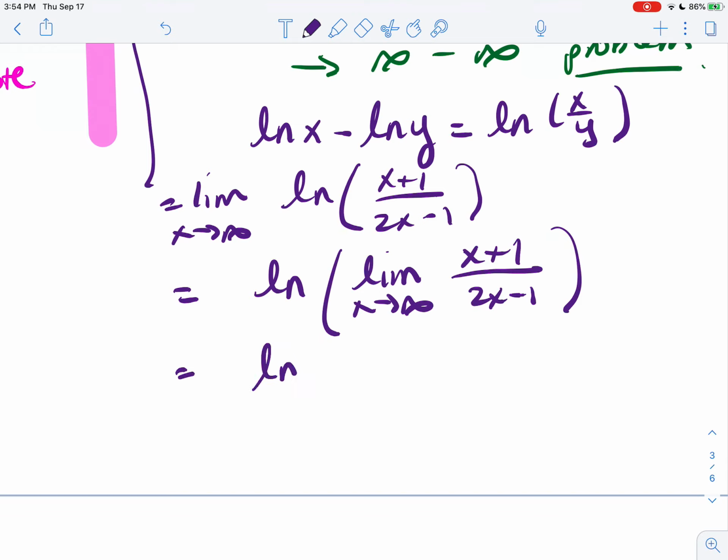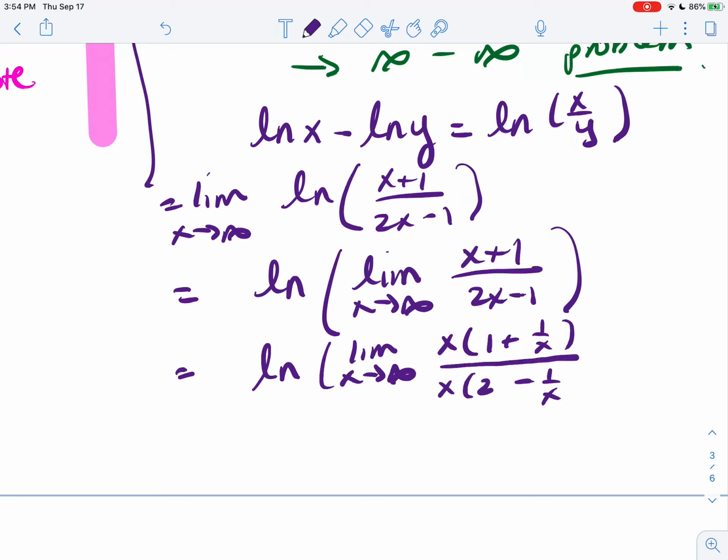And we'll want to factor out our highest power, which is x. So if I factor out an x from the numerator, I would get x times 1 plus 1 over x. If I factor out x from the denominator, I get 2 minus 1 over x.